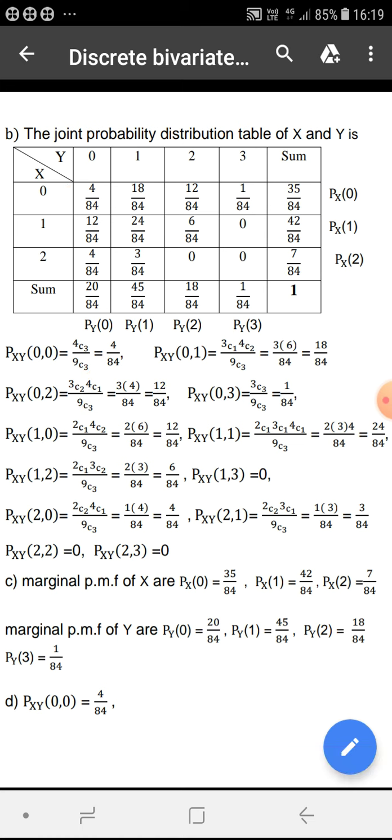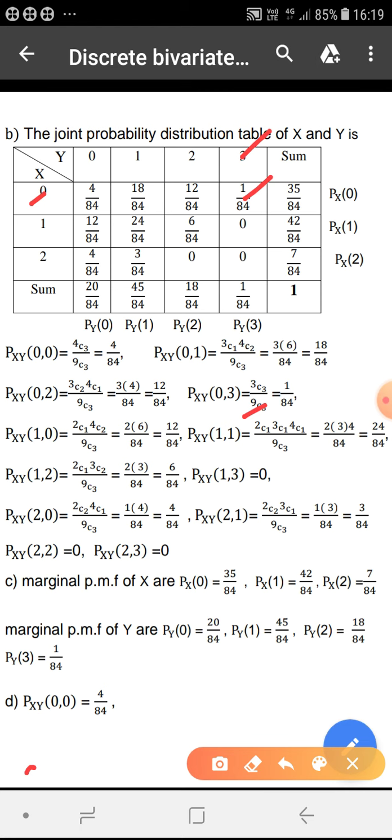Similarly, when x is equal to 0, y is equal to 3. x equal to 0 means number of red balls chosen is 0. y equal to 3 means all the 3 balls are chosen from the white balls. So probability or chance of selecting 3 white balls. Total number of selections is again 9C3.